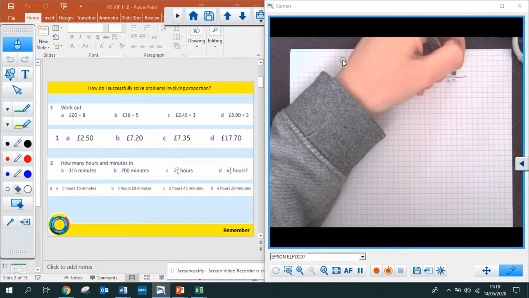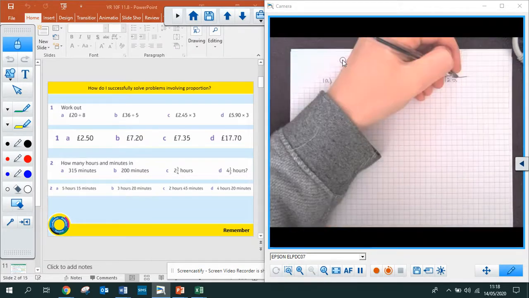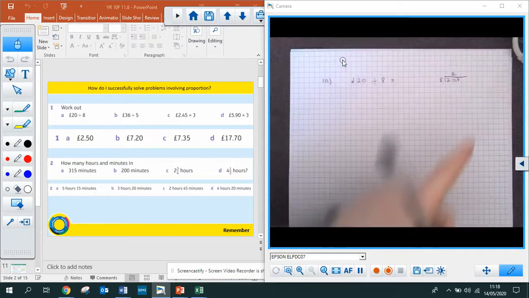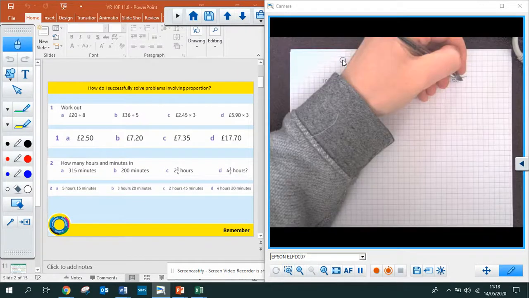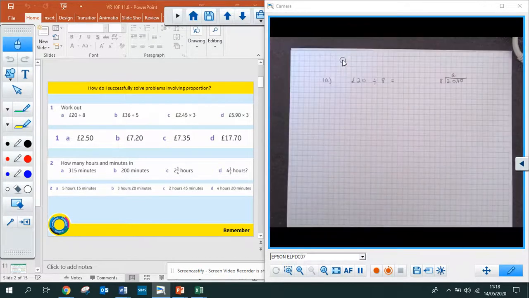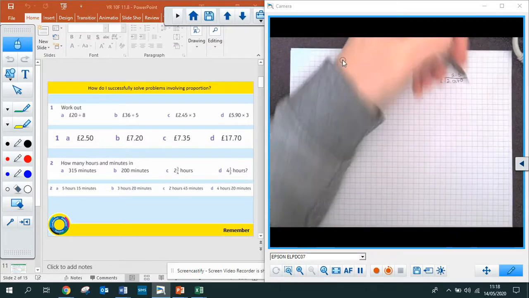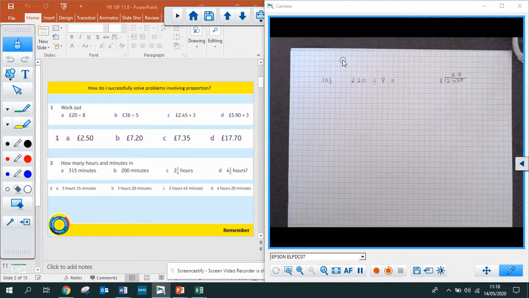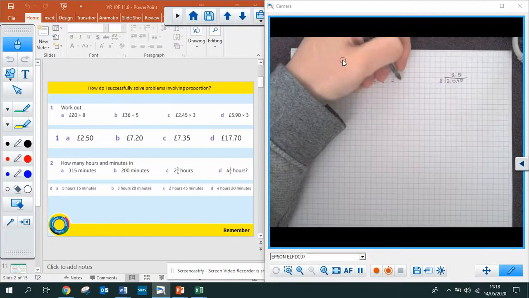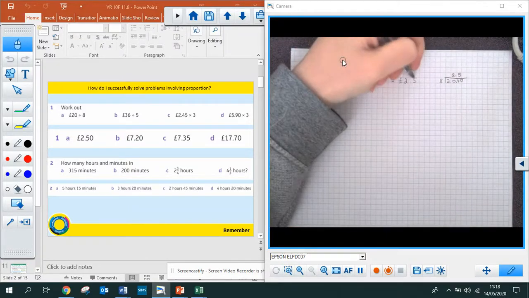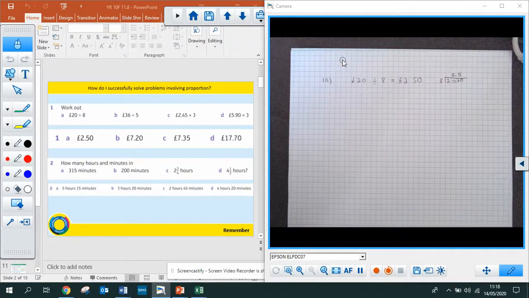Put your decimal, it goes into twice with 4 remaining, so 4 goes after the decimal point and that becomes 40 because we're exchanging 4 ones into 40 tenths. Then you say how many 8s go into 40? Well, it's 5. Okay, so your answer is 2.5. But remember, it was £20 that we were dividing, and we don't say you've got £2.5, we say you've got £2.50. So your answer is £2.50 there.